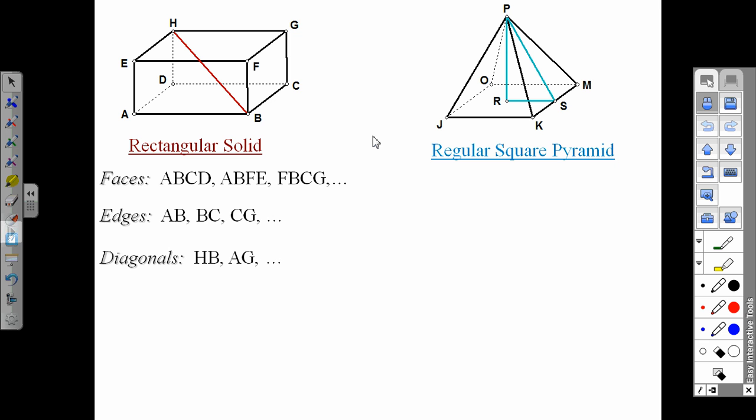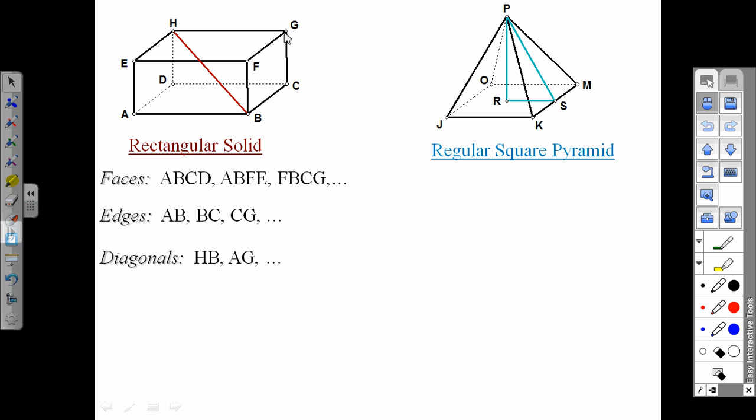Diagonals, now we're talking about the diagonal of a solid, not the diagonal of a face. So here is an example, HB, this segment right here that travels through the interior of our solid. That is the diagonal of the solid. There's actually 4 diagonals in this solid, one starting from each of these 4 corners.